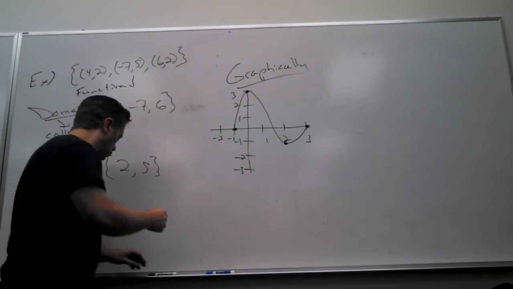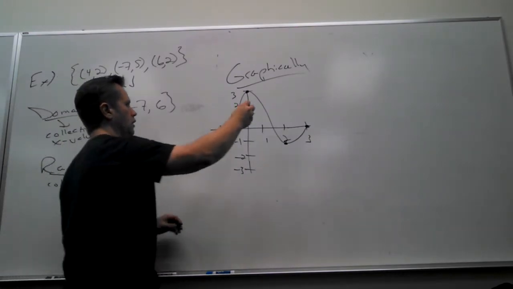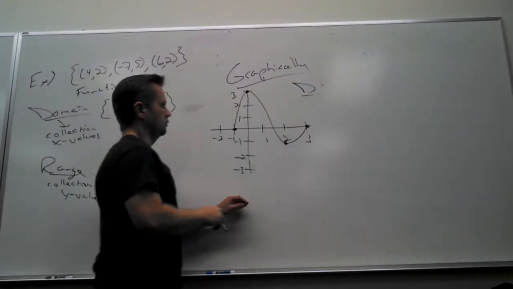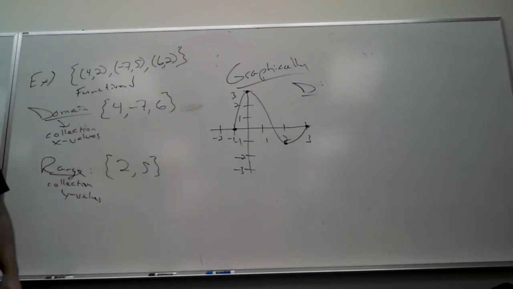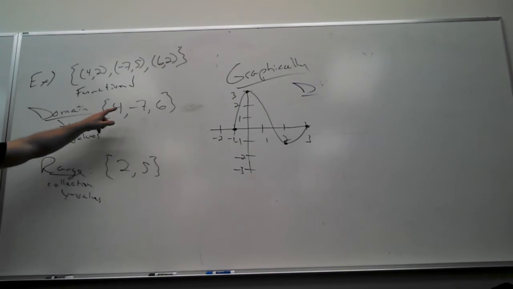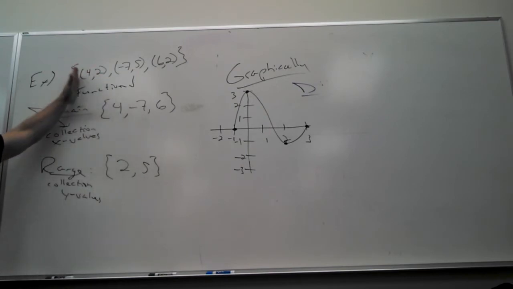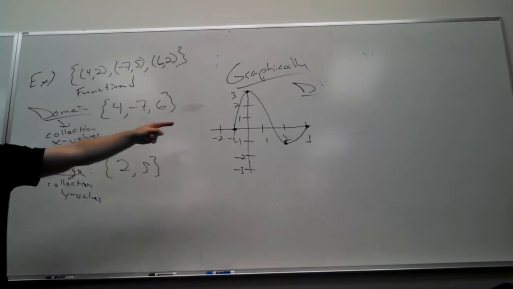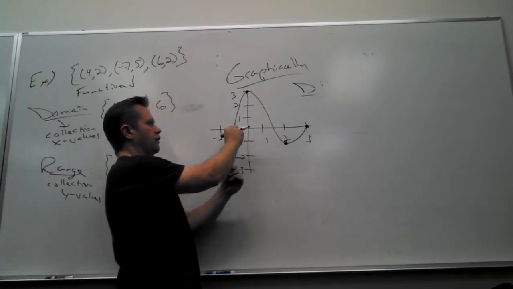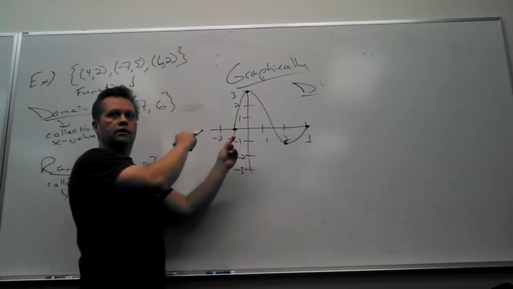What's the domain? -1 and 3. And how do I write that? Over here it was 4, -7, it was finite. It was only those 3 points, right? How do I have to write the domain here? It's everything from -1. Can everybody see that?